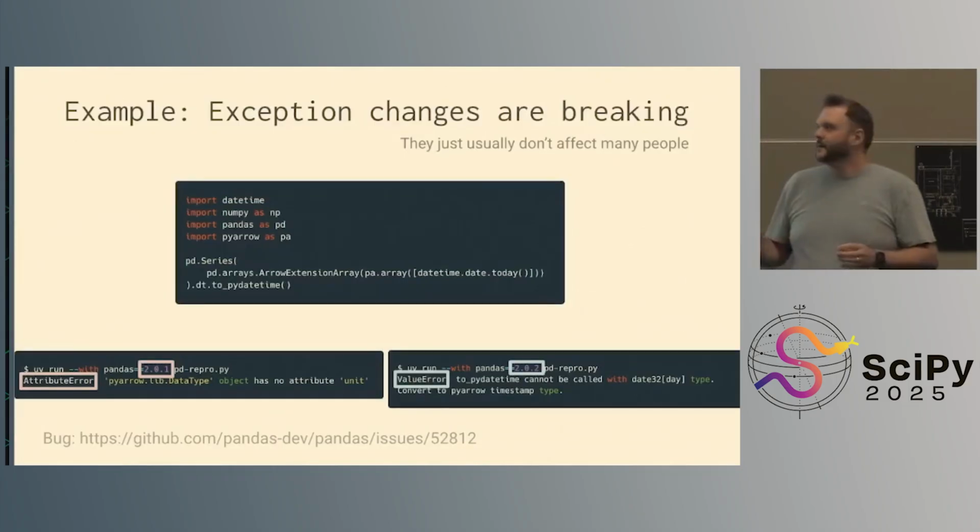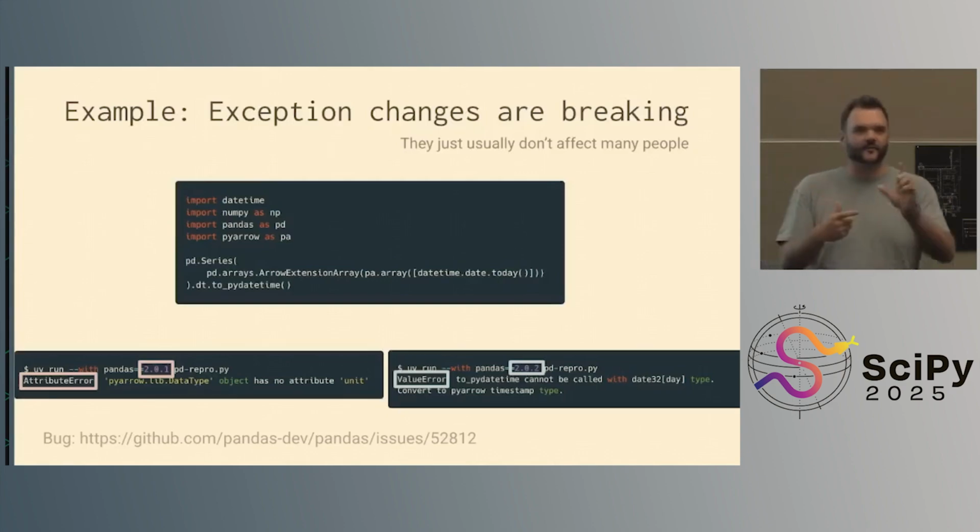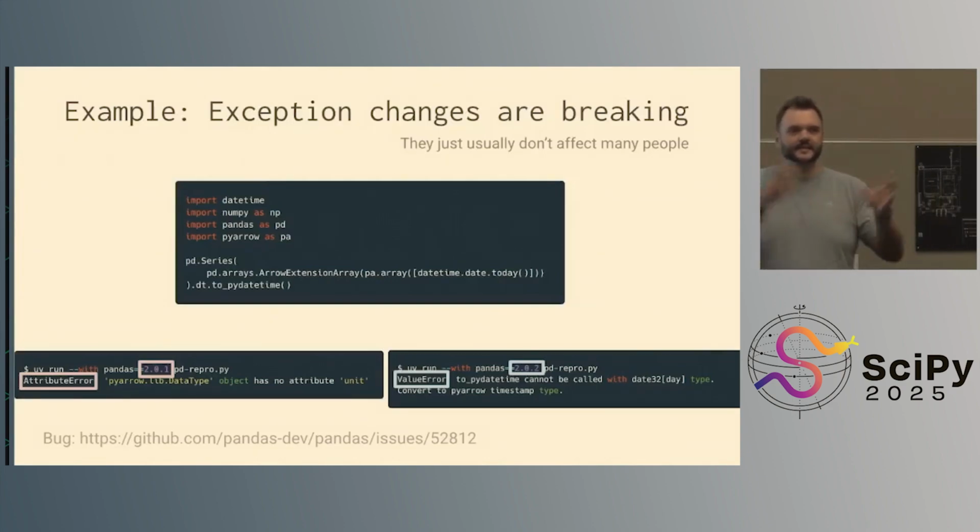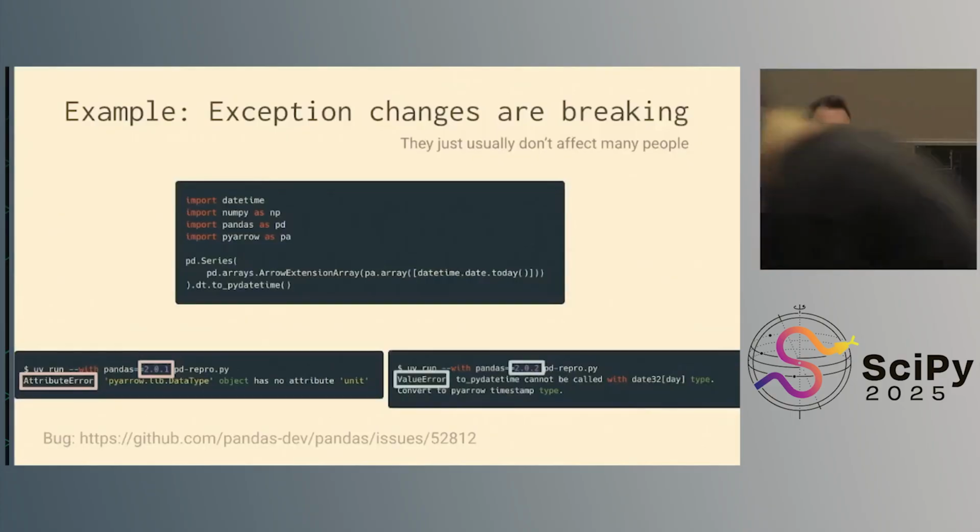Things are sad. But the behavior up to this point in Pandas 2.0.1 is that it raises an attribute error because Pandas wasn't handling this. It was trying to access the hour from the date object, and date objects don't have an hour, so it would raise an attribute error. This has been around for a while, right?